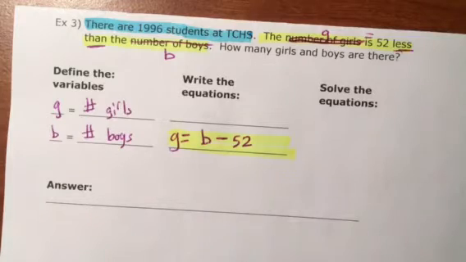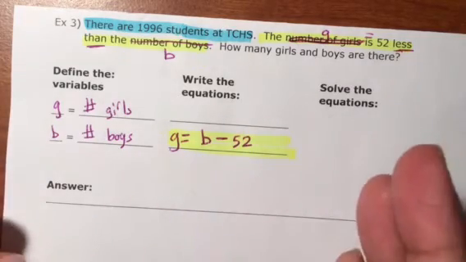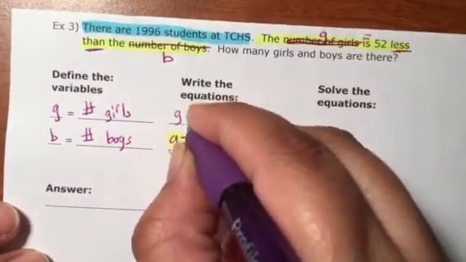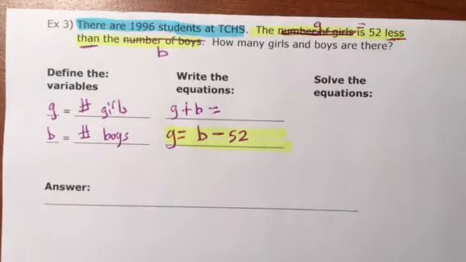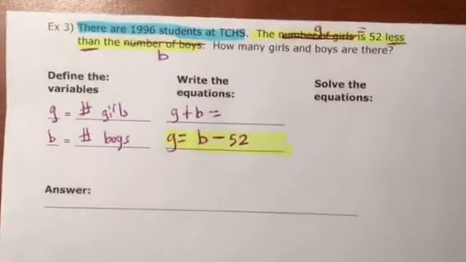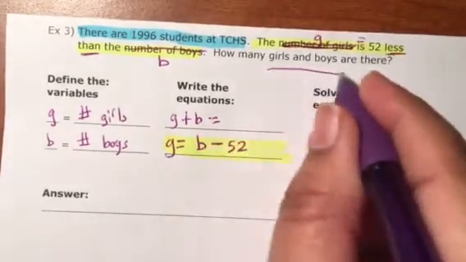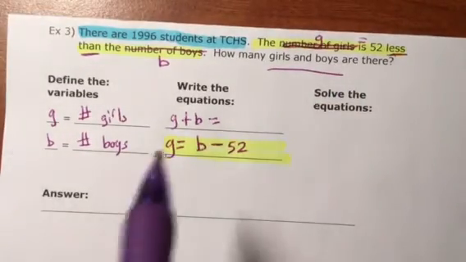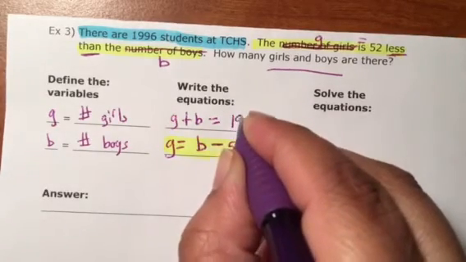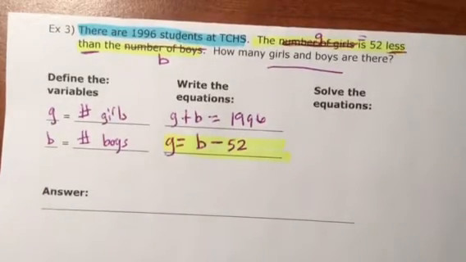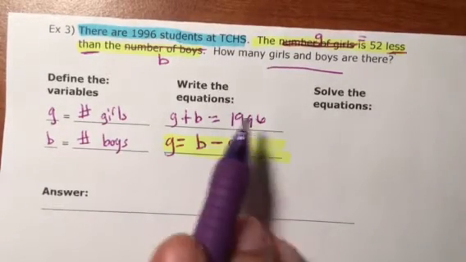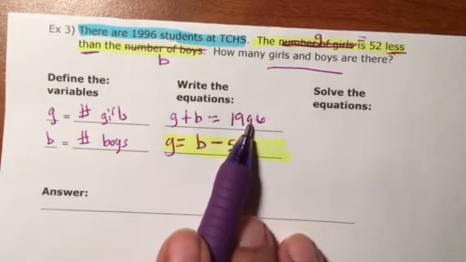Now, let's look at the first sentence. So there are 197 students. There are only two types of students: you're either a boy or a girl. There's no other option in this problem. Boys and girls are the only two options. That's where that equation comes from: the number of girls plus the number of boys gives me the total student body.